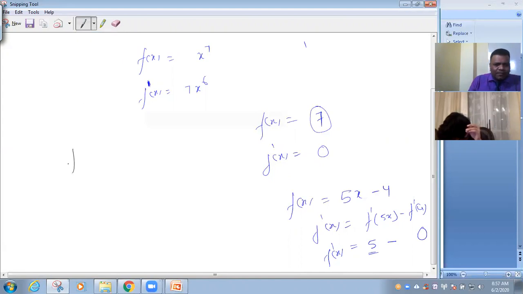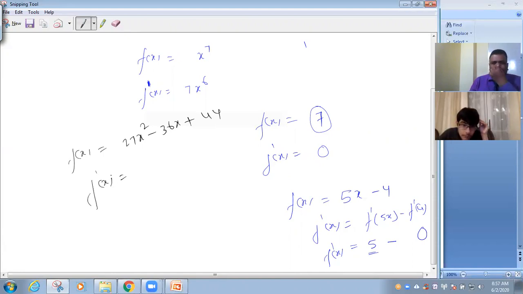One more example. Let us say f of x is equal to 27x square minus 36x plus 44. Without using a pen, can you tell it orally?